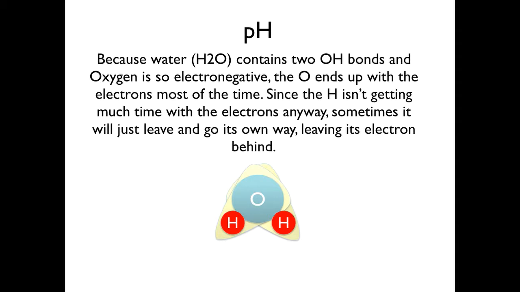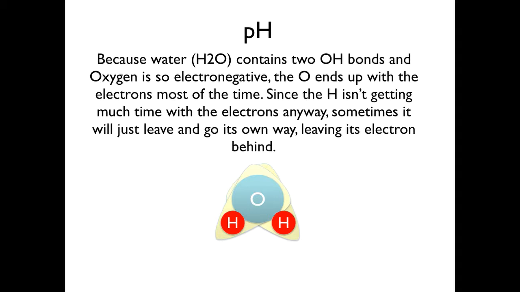I'm not getting anything out of this relationship. The oxygen says, well, I'm not giving you back your electron because it's very electrograbby, very electronegative. And the hydrogen can just go, well, that's fine. I'm going to leave it behind. I'm just going to leave on my own. It's just a bare proton.